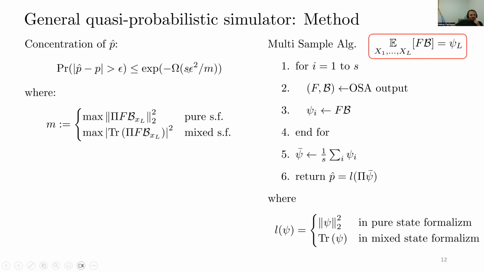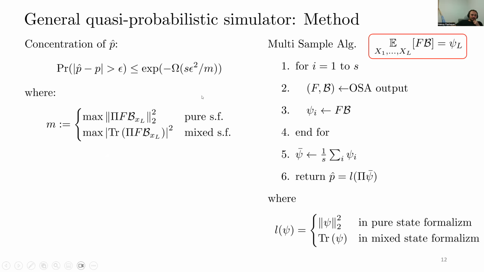S is the number of samples. As the number of samples grows, it becomes exponentially unlikely that your error will be bigger than epsilon. But obviously, if you make epsilon small, then you have to make s large to fight with it. The other key factor is this m that's competing with the number of samples. So as m grows, you need to grow the number of samples.